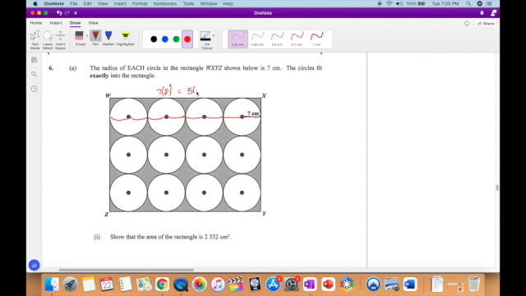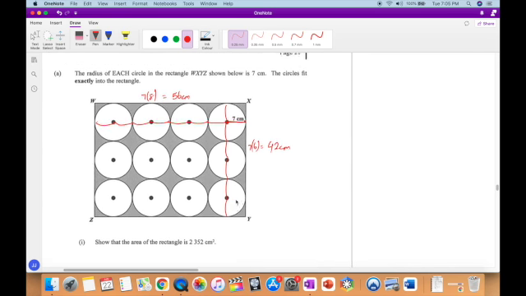Yes, I did use my calculator to do that. 7 8s are 56. So we can see that this here is 56 centimeters long, and 1, 2, 3, 4, 5, 6. 7 6s are 42. So this is 42 centimeters long. Okay, you notice I didn't read the question yet. I'm just using the information to work out things and make sense of things.